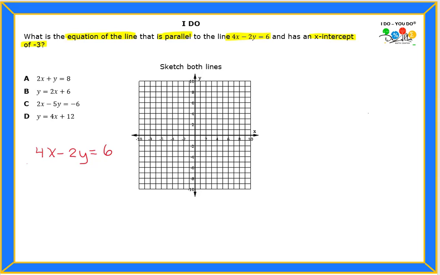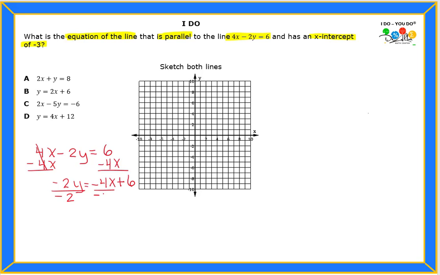Therefore, we're going to subtract 4x on both sides because remember, you want to leave y by itself. 4x minus 4x cancels out, and I got -2y equals -4x plus 6. Since I want to leave y by itself, I need to divide by -2.